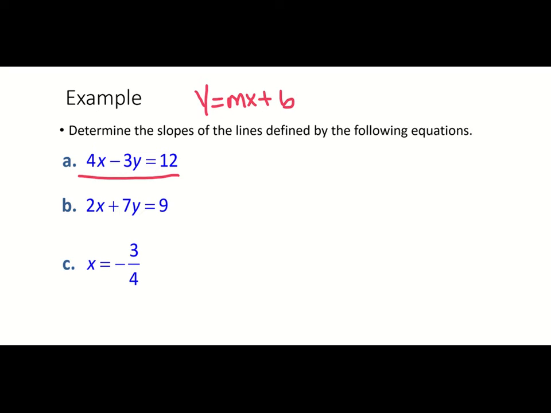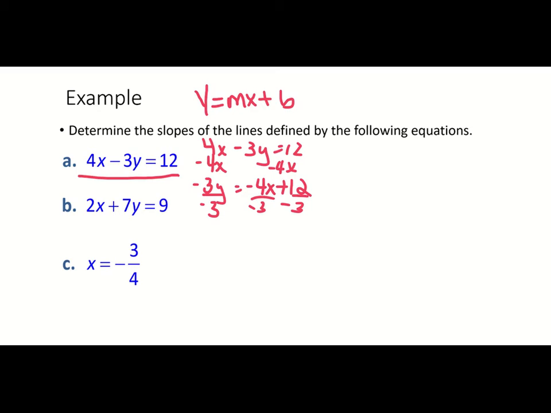So I'm going to start off and take my 4x minus 3y equals 12. I want to solve for y. So I'm going to rewrite it here. 4x minus 3y equals 12. I'll subtract 4x from both sides. So now I have negative 3y is equal to negative 4x plus 12. And then we'll divide everything by negative 3.